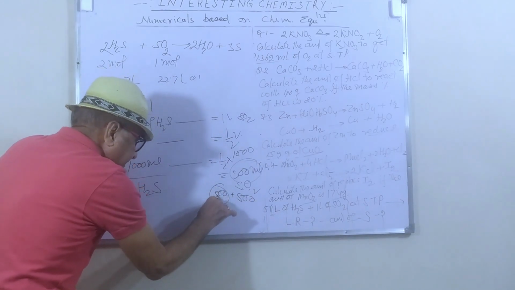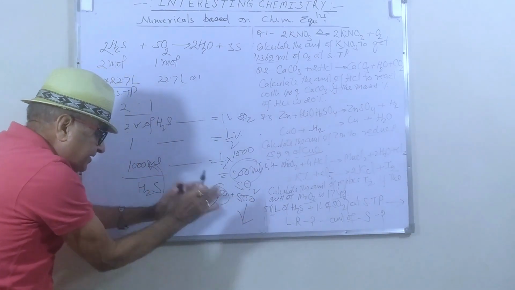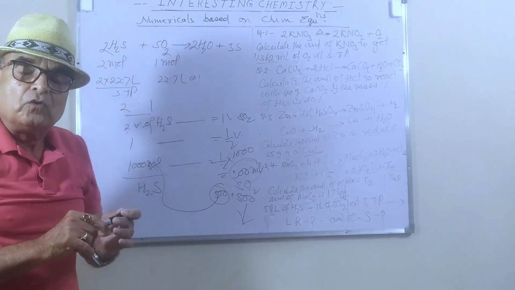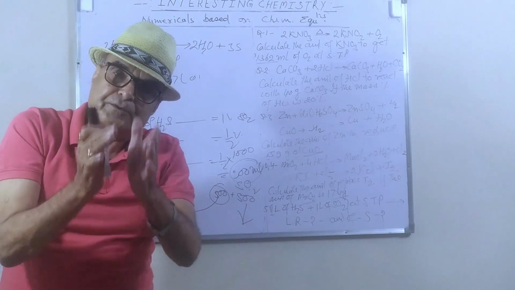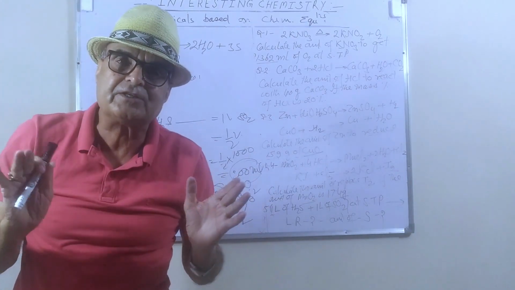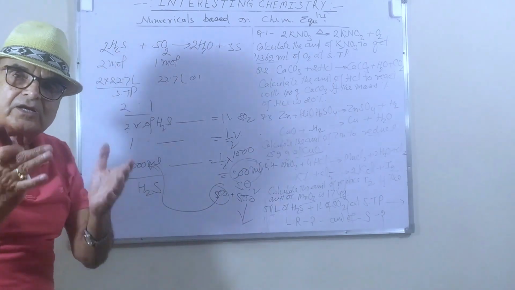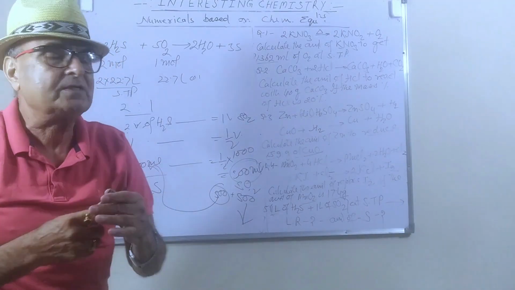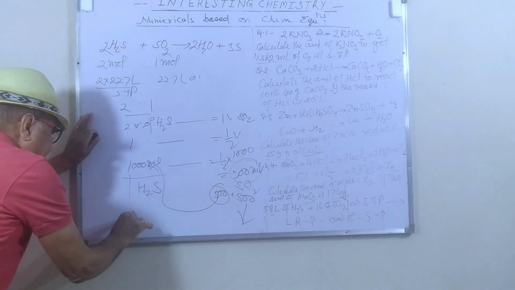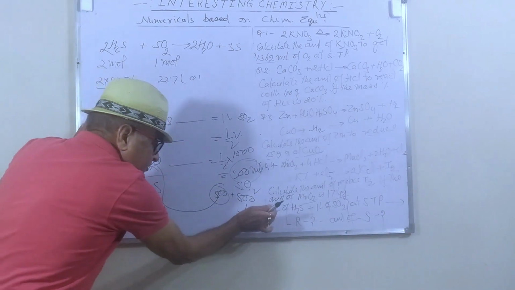So 500 milliliter of SO2 remains unreacted in this reaction, and the H2S is consumed first. So H2S is the limiting reagent in this numerical.